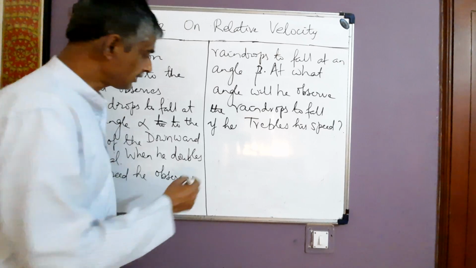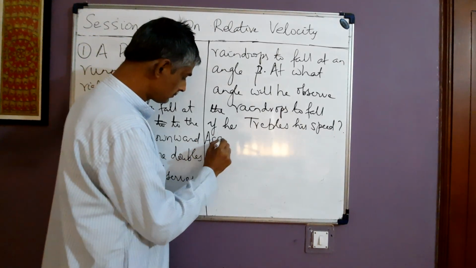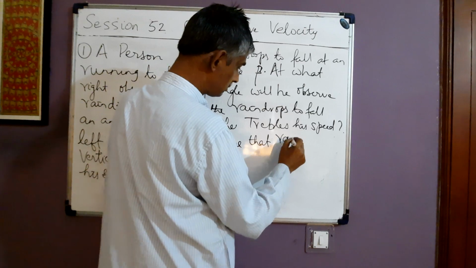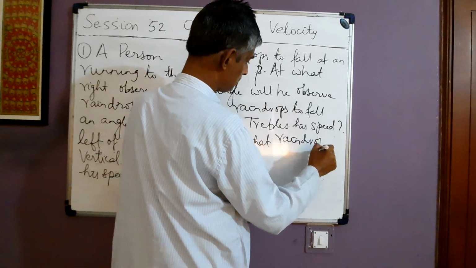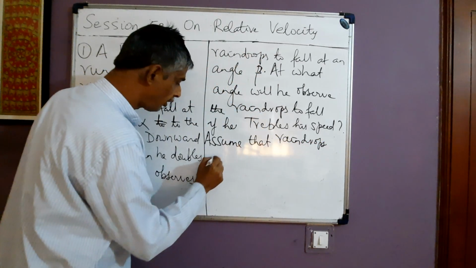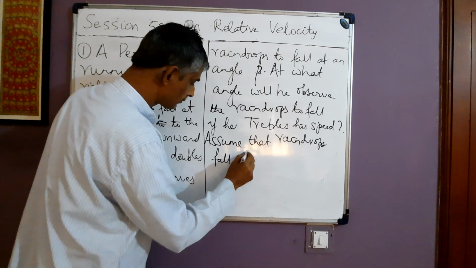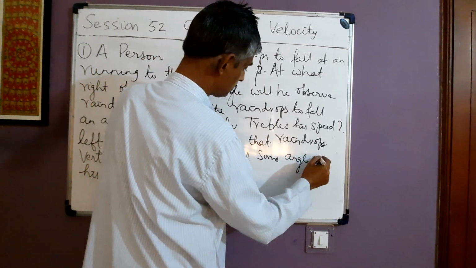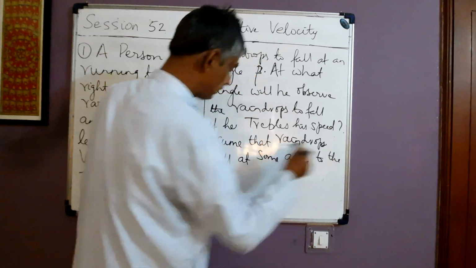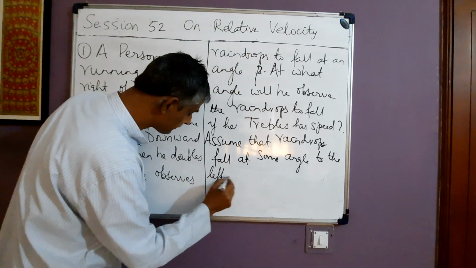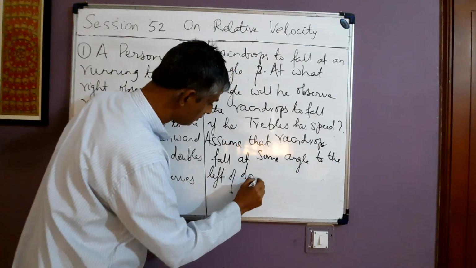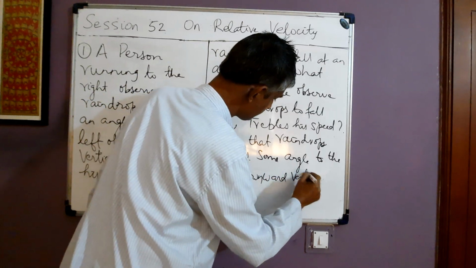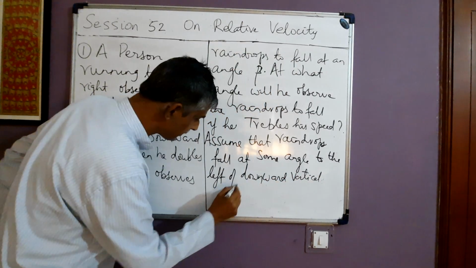One more thing is given. Assume that raindrops fall at some angle to the left of the downward vertical with respect to ground.